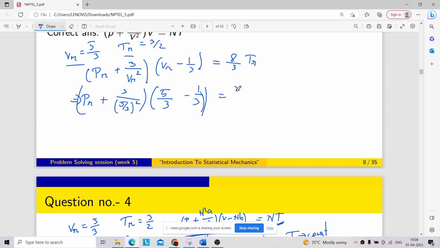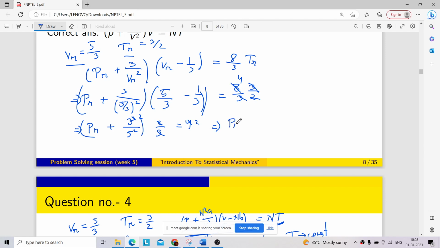then on the right hand side 8 over 3, TR is 3 by 2, 3 cancels, 2, 8, 4, and from this side we have PR plus 3 cube by 5 square. This is 2 over 3 equal to 4. 2, 4, 1, 3 I can cancel here, so this is 6 square.